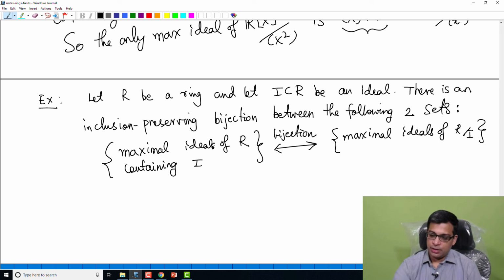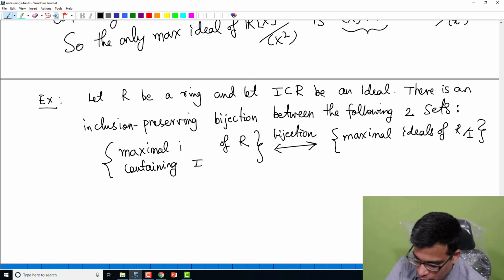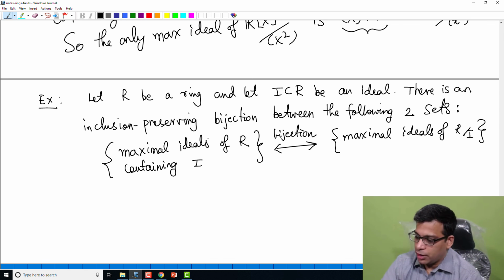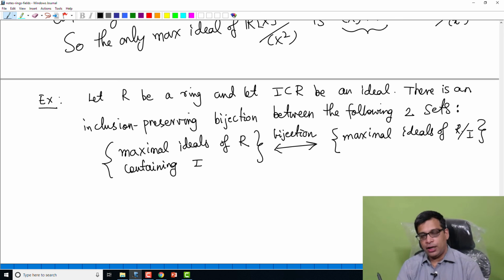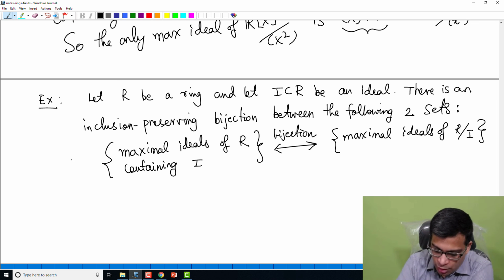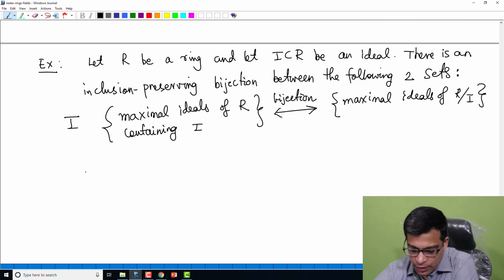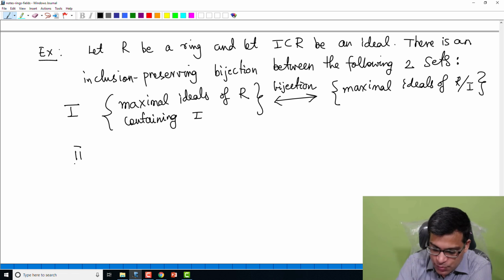Ideals of R containing I are in bijective correspondence with ideals of R mod I. But now I am saying that I can add the adjective maximal and the inclusion preserving bijection still exists. So now I might as well write this, though we don't need it in the previous problem.